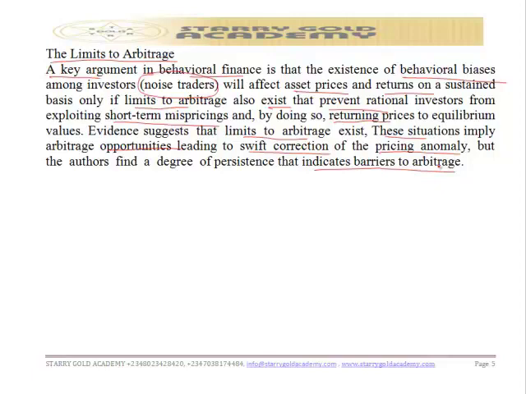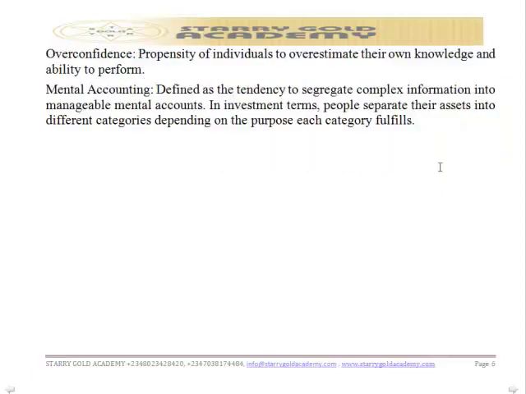That is a limit to arbitrage. Now, we have another one which is overconfidence. We said something on overconfidence earlier, and according to this note, it is a propensity of individuals to overestimate their own knowledge and ability to perform.